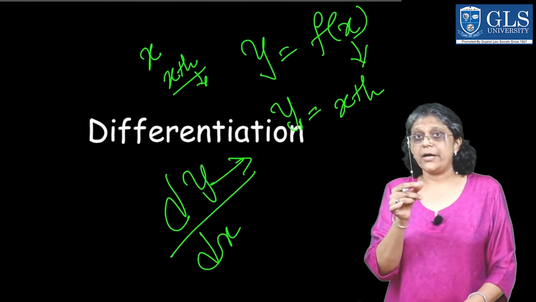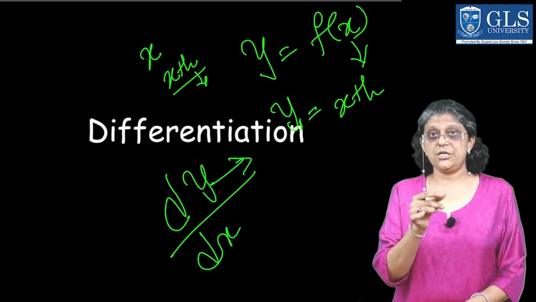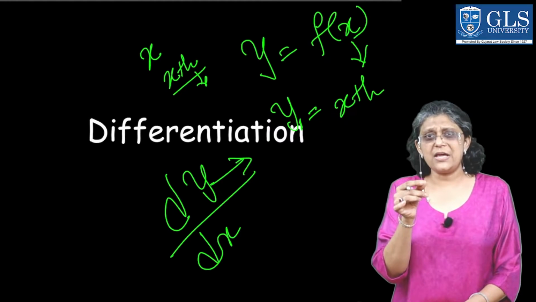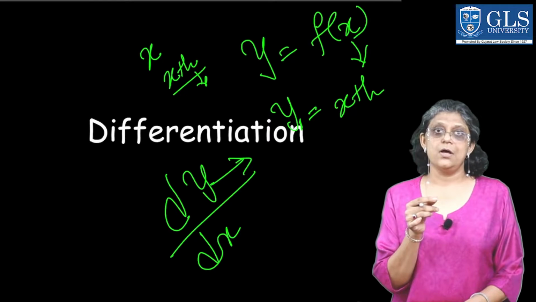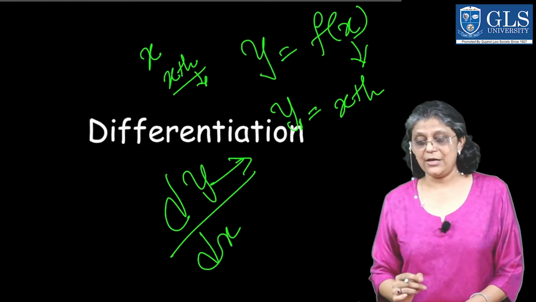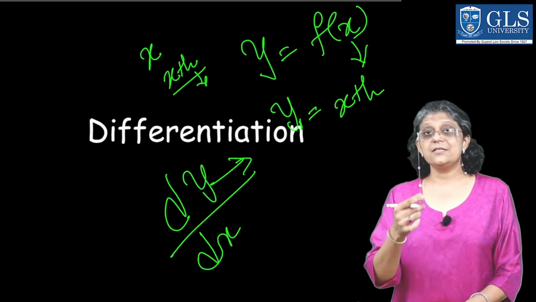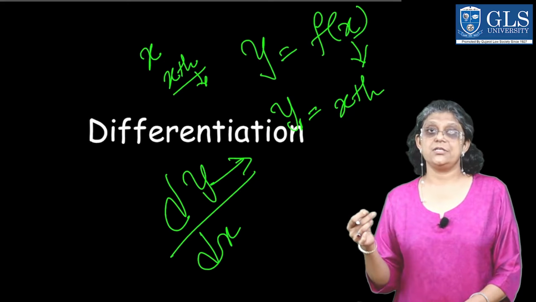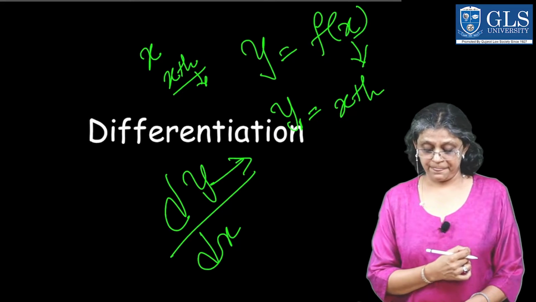If we reduce that change from x plus h to very near zero, that particular point will give me a value which says this is the demand and this is the supply if there is a change in the value of x.